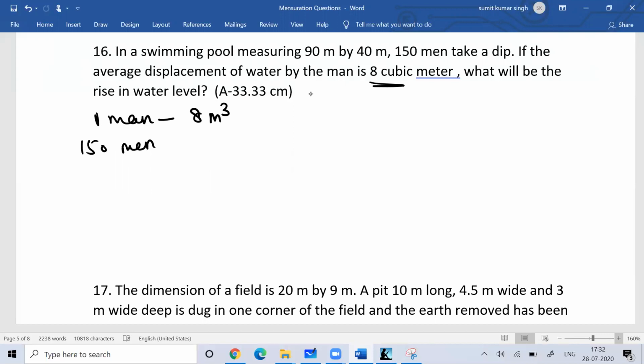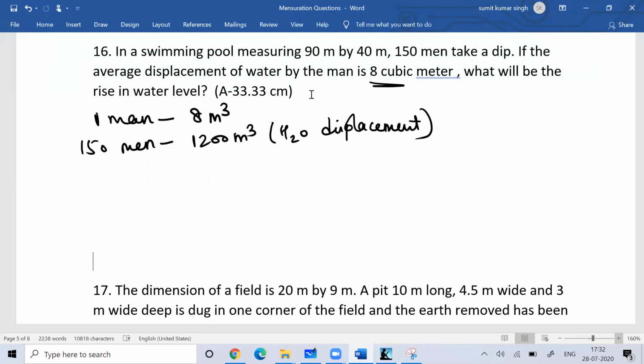So 150 men can displace how much volume of water? That you can find, that would be around 1200 meter cube. So this would be the water displacement. You know the Archimedes principle: the volume of the content which comes inside is equal to the volume of the water which goes outside.